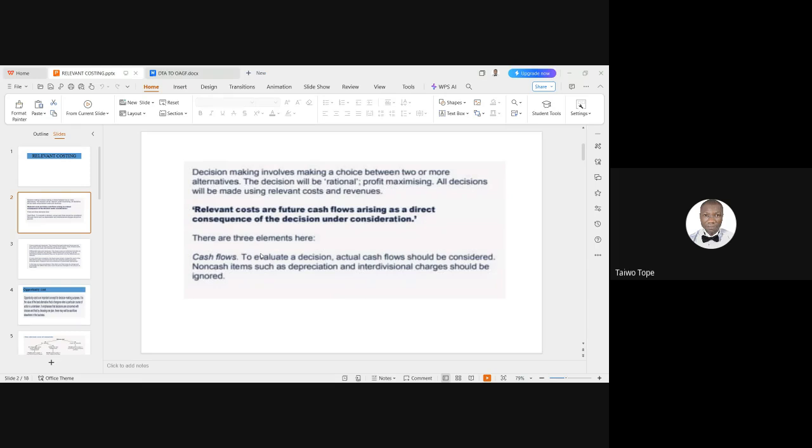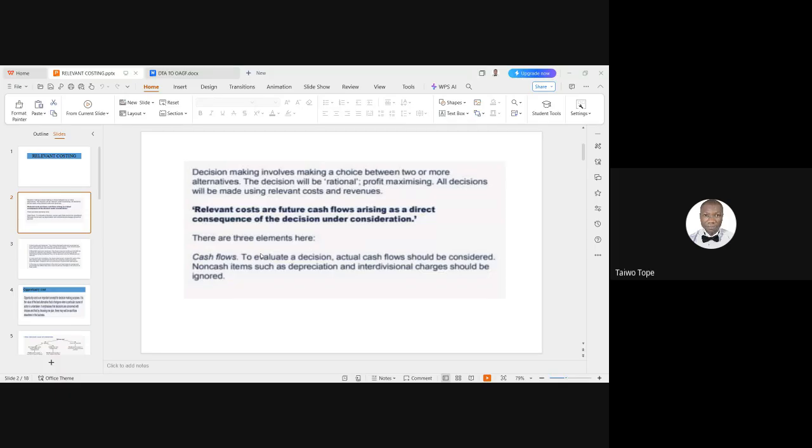Those costs will be termed past costs, sunk costs. They are not relevant to future decision-making. So when you're dealing with relevant costs, what you look out for are costs related to the decision you want to take at that point in time.